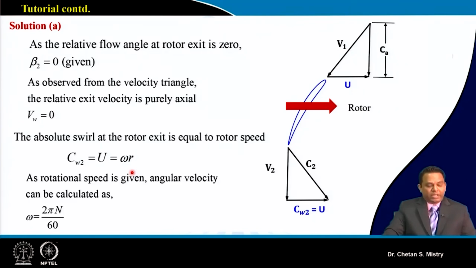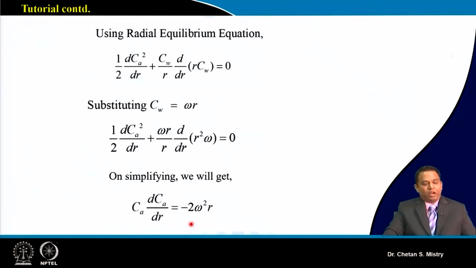Here we can write omega as 2 pi N by 60, and based on that, calculating, our omega, the angular speed, comes out as 1466.07 radians per second.